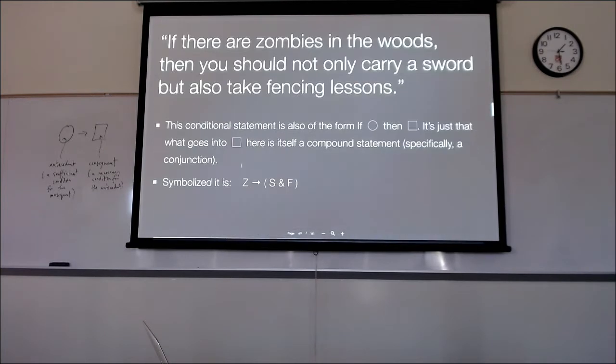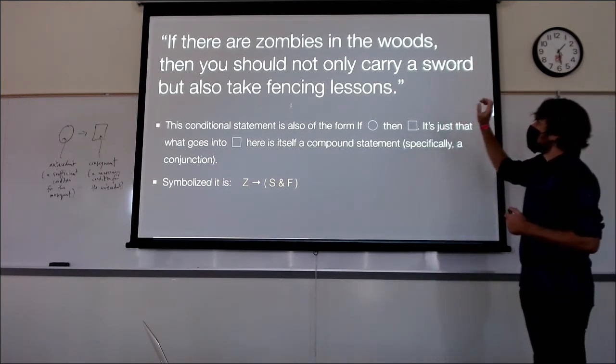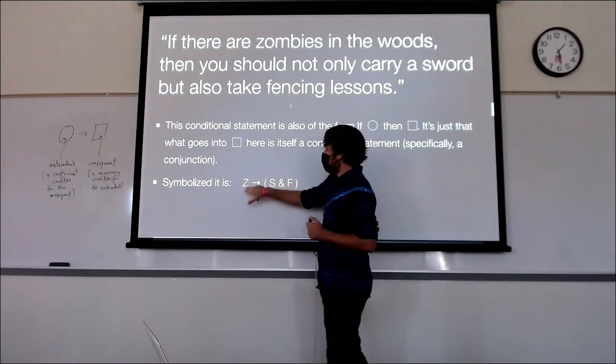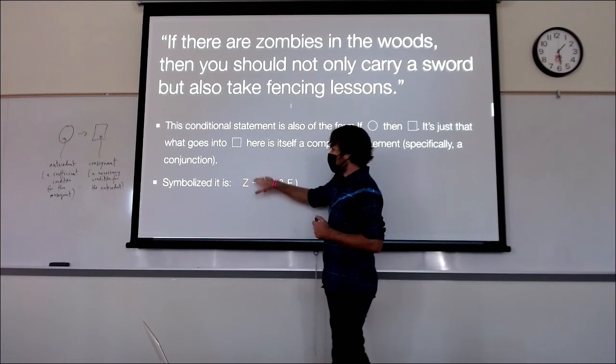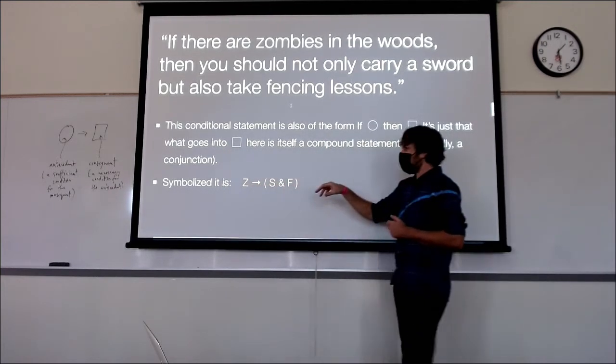Okay. All right. Then we symbolized this compound conditional statement. If there are zombies in the woods, so Z arrow stands for an if-then, right? So if Z then, that's how you read that out.